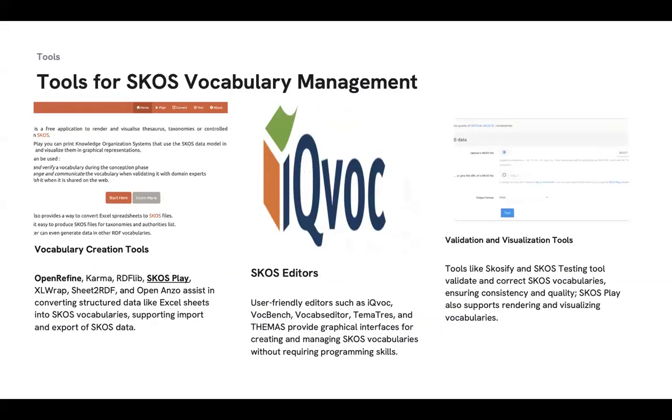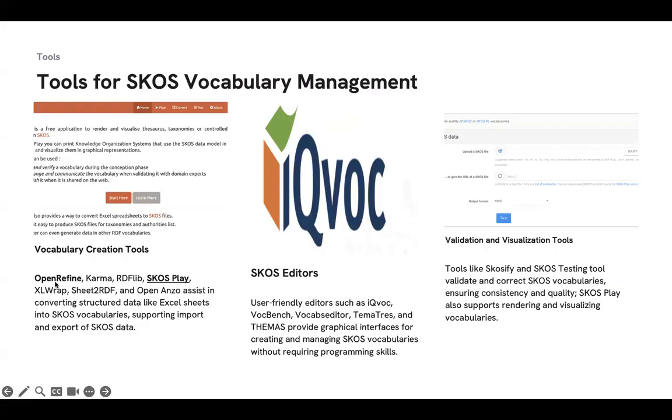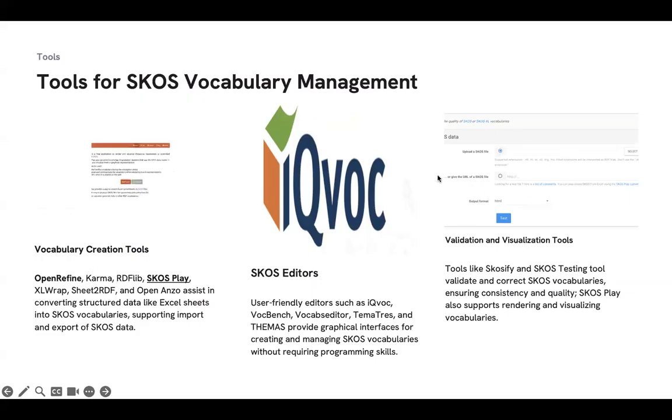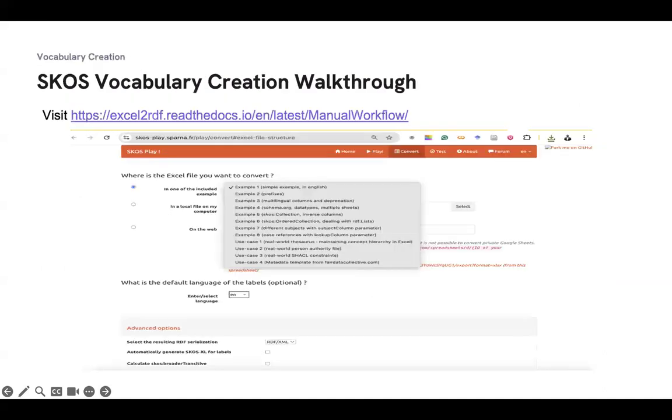So to do vocabularies, there are many tools out there. I'm sure you have been introduced to OpenRefine. But I'll be talking of Cosplay, okay? We use Cosplay to create vocabulary, but also to validate it. I know some of you may have had a go at it. If you have been to a website like this, I think you are cool.